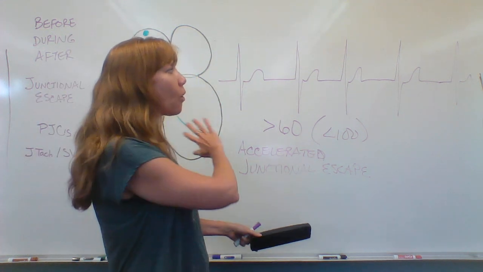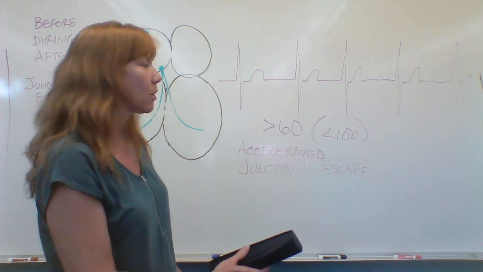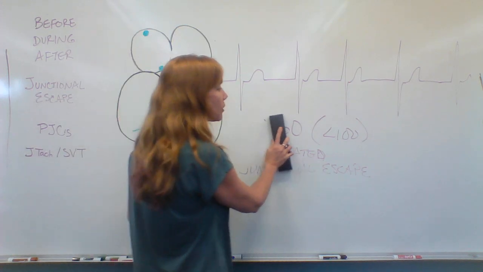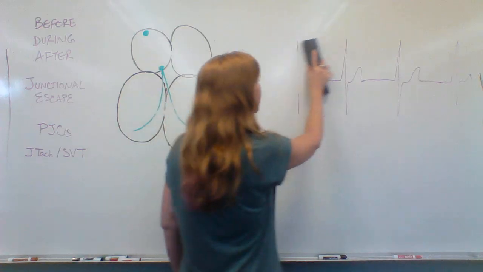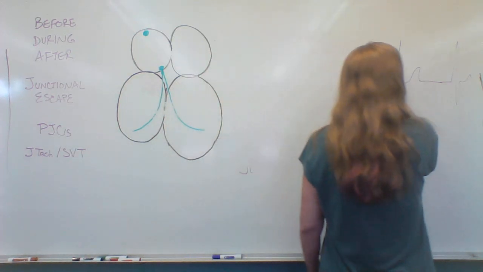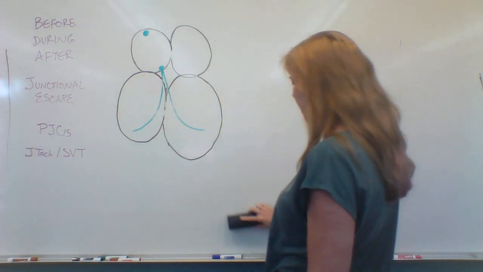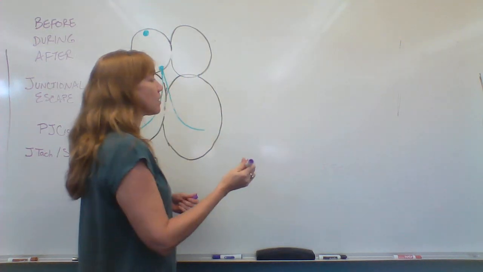Sometimes you don't get a whole junctional escape rhythm. You just get a couple of junctional escape beats, which really makes sense. When would you need that? You need that when you start having a really big pause, right?